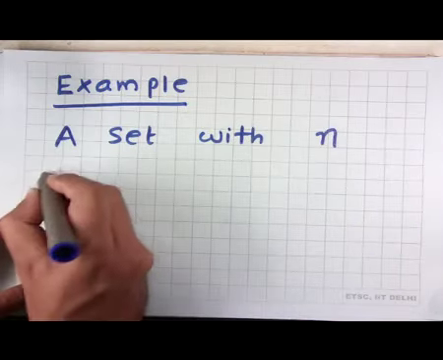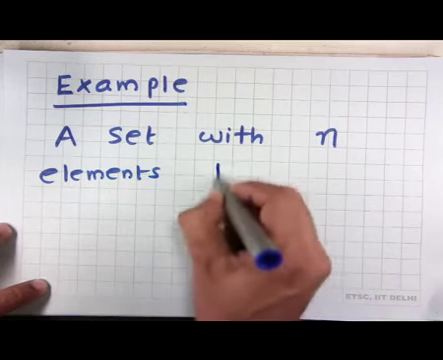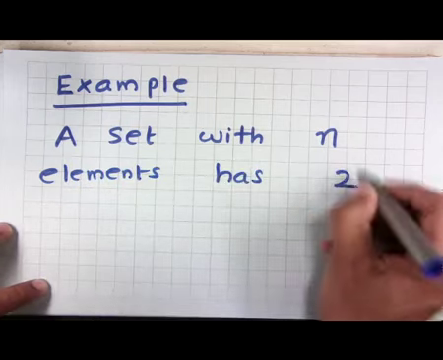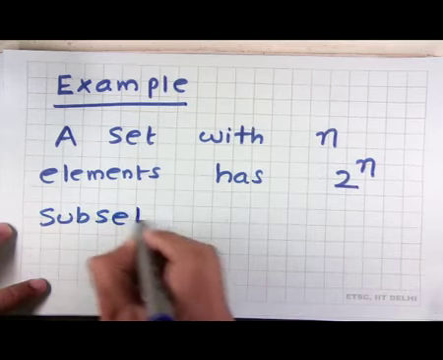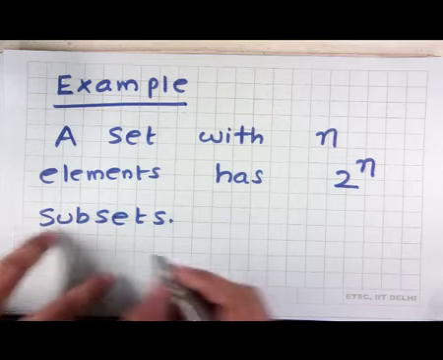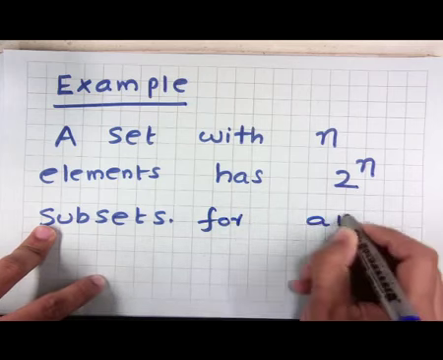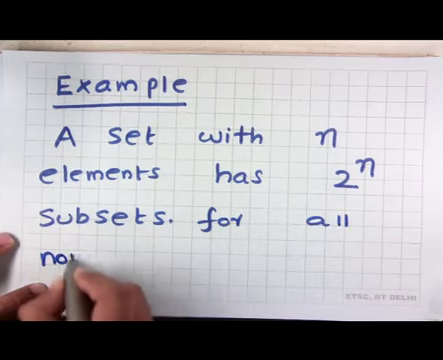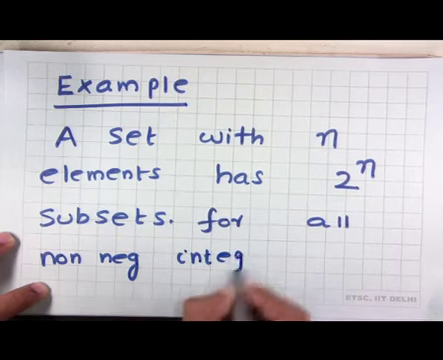A set with n elements has precisely 2 power n subsets. This example requires you to prove the result for all non-negative integer n.